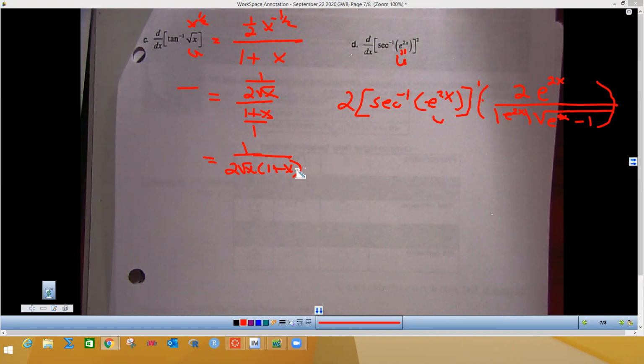So let's see, we got to simplify all this stuff. So we're going to take this 2 times this 2, and that's going to give us a 4. And we got this part right here, which is the inverse secant of e to the 2x.